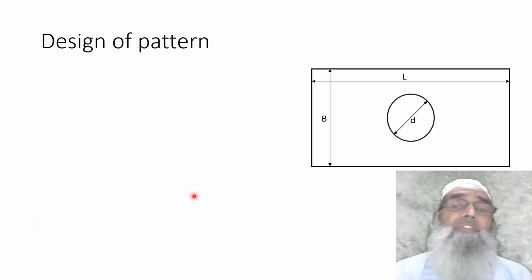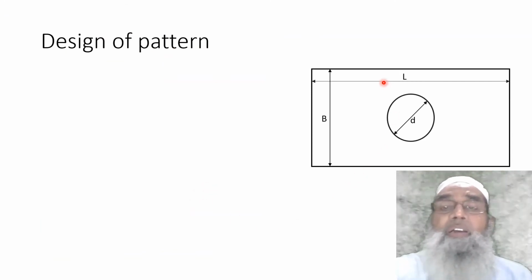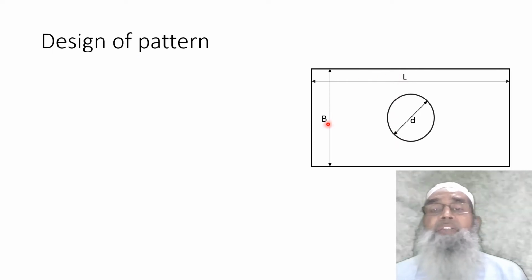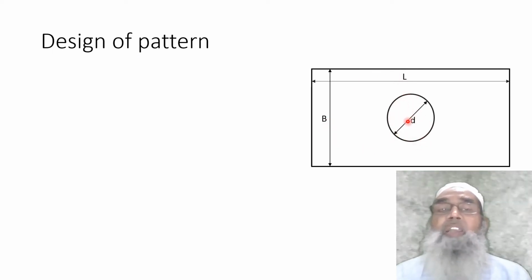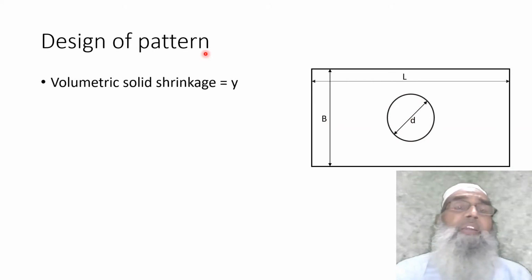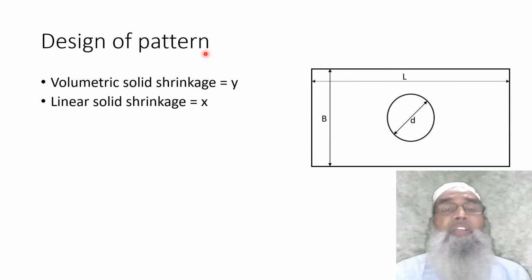Now, if you want to design a pattern, suppose this is the length of the pattern, this is the width of the pattern, and there is a cylindrical hole of dimension d. We need to know the volumetric shrinkage, say it is y, and the linear solid shrinkage is x.